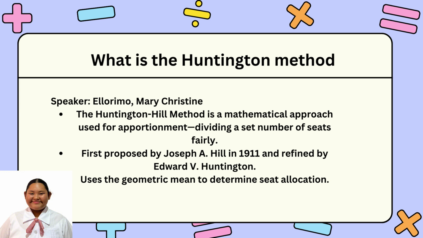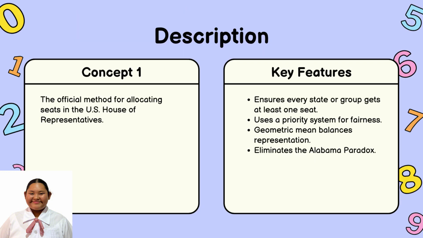The Huntington-Hill method is a mathematical approach used for apportionment, which means dividing a fixed number of seats among different groups based on their population. It is the official method used to allocate seats in the U.S. House of Representatives.